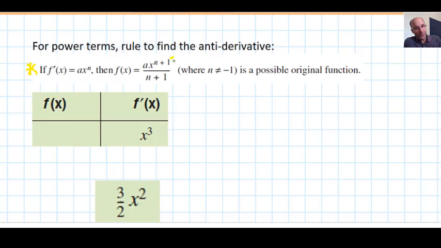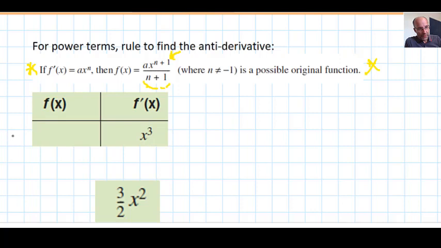We might not have realized, but we had to go back to the original function before the derivative was applied. Instead of taking off one, we have to add 1 to the power, and we had to divide by that new power. So that's an important rule to note. Okay, now n can't be -1 because you'll end up dividing by 0. That gives a different sort of result, which we'll look at in the future.